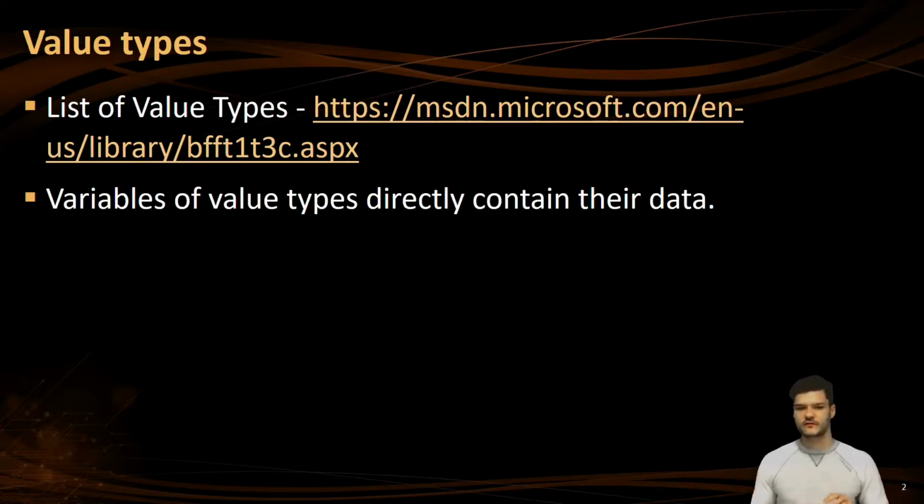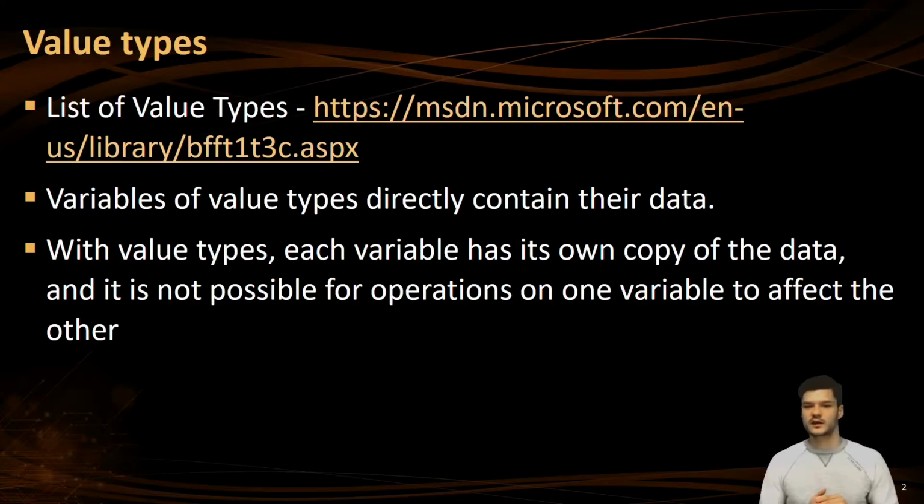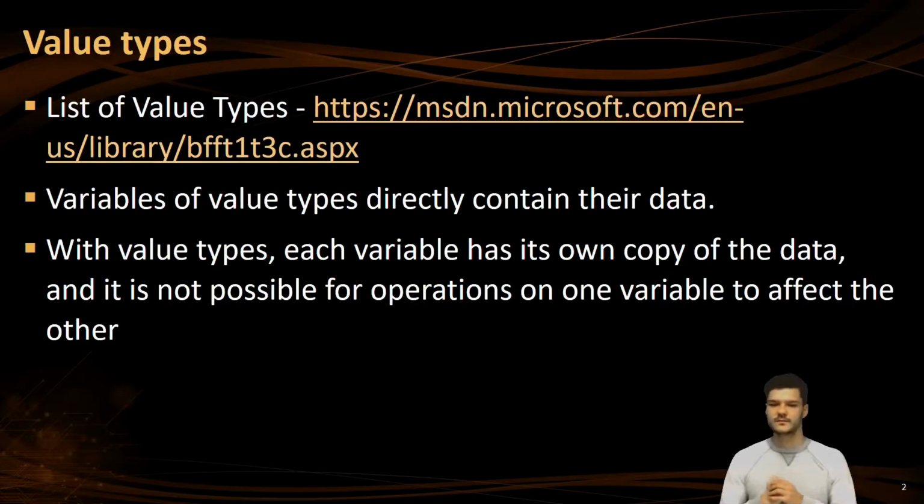Also, variables of value types directly contain their data. What does that mean? That when you pass a variable to a method, if it's a value type, the value gets copied and gets passed to the method.